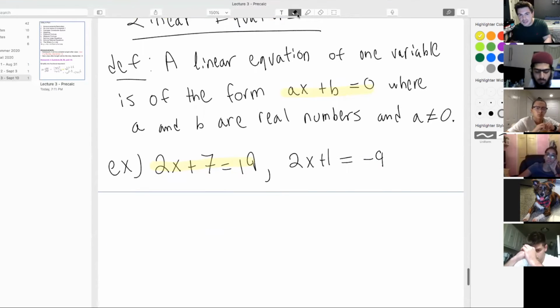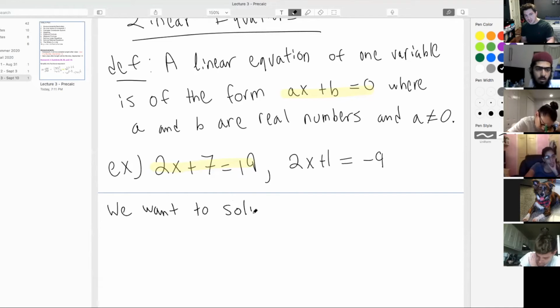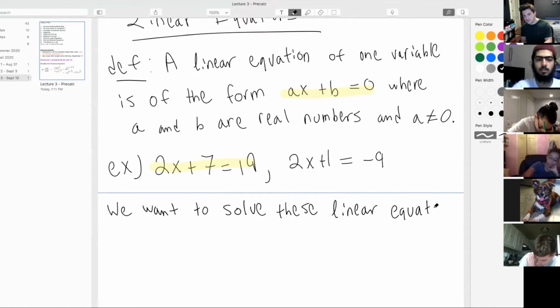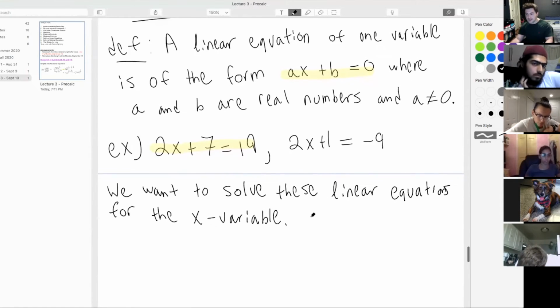So how do we solve these things? I hope this is somewhat familiar, but this is the gist of it. Our goal is to solve these linear equations for the x variable. And what is the strategy?